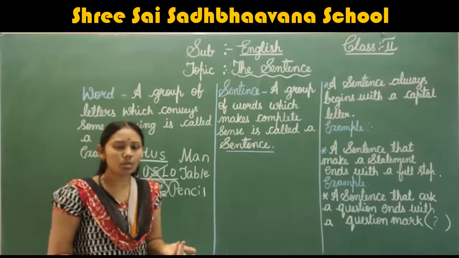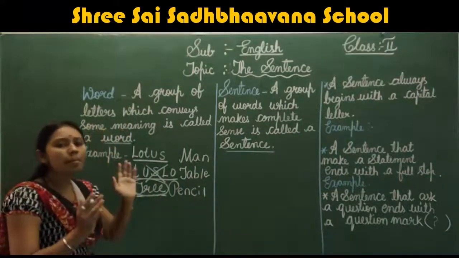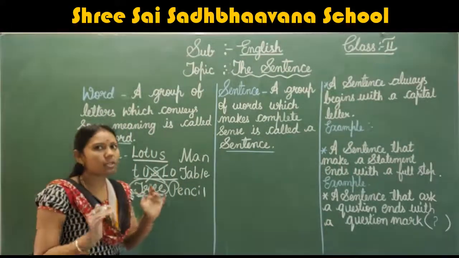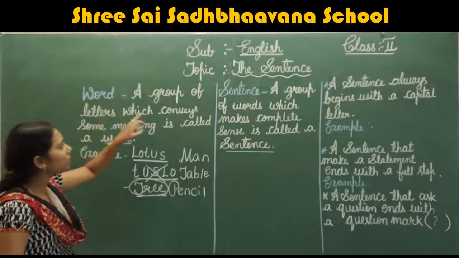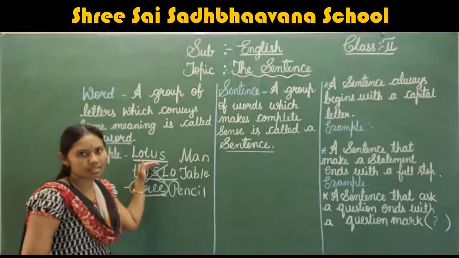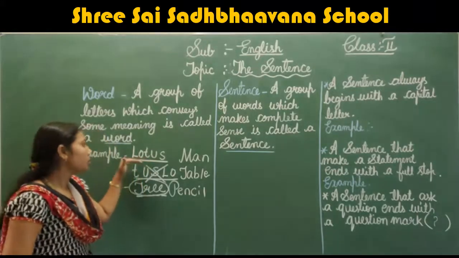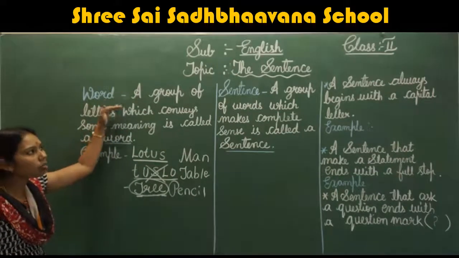You came to know now. A group of letters which conveys some meaning is called a word. So, to frame a word, we need the letters. Now, I think you have better understood what a word is.